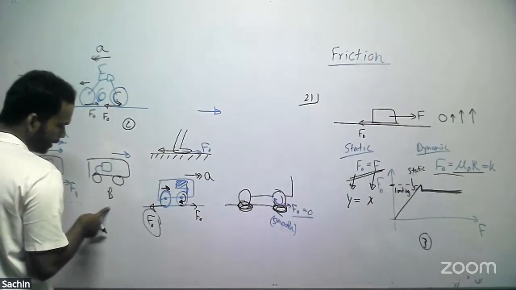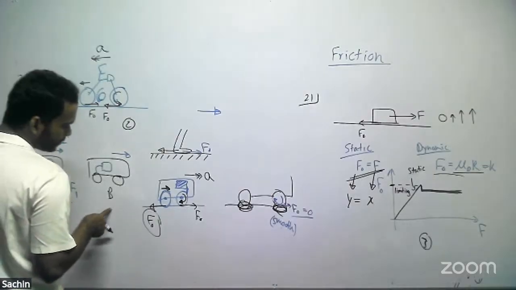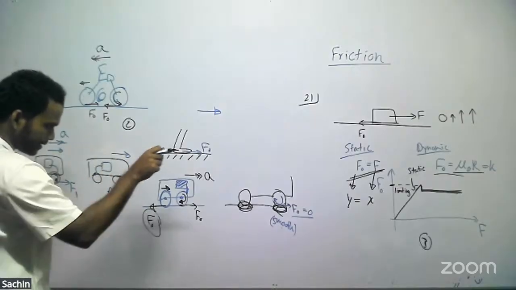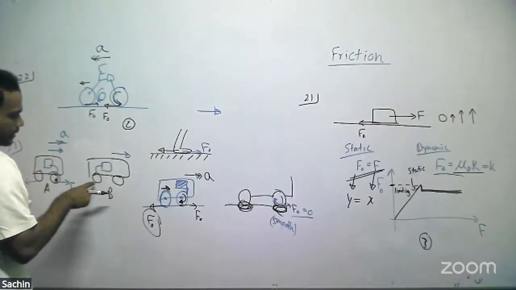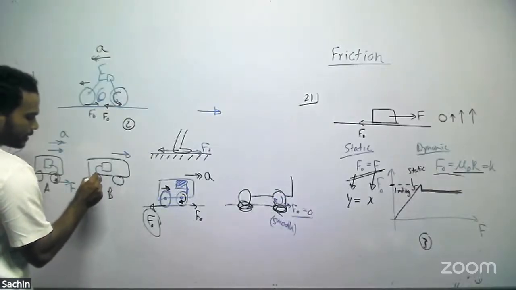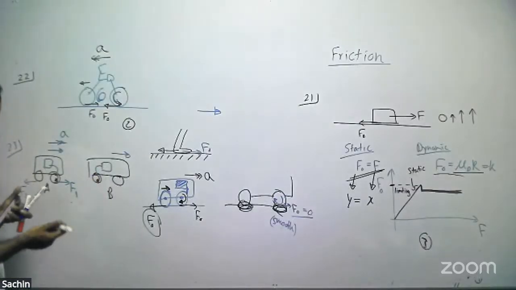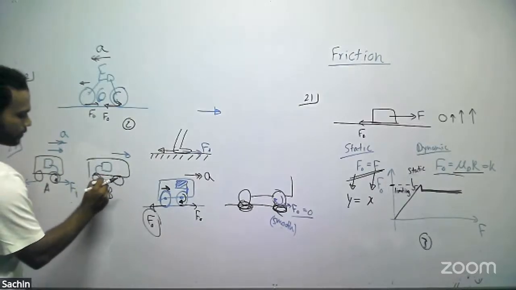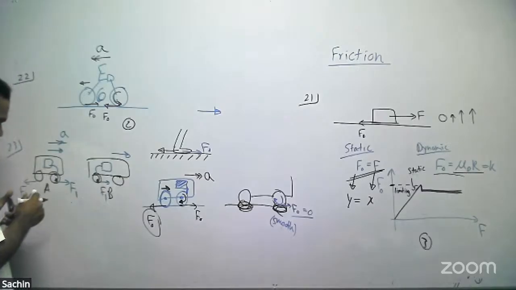So for vehicle B, it's again trying to accelerate this way, but the rear wheels are powered now. The rear wheels try to rotate like this. Initially when the engine power is given, the rear wheels rotate like this, then the friction force will be forward, F1.